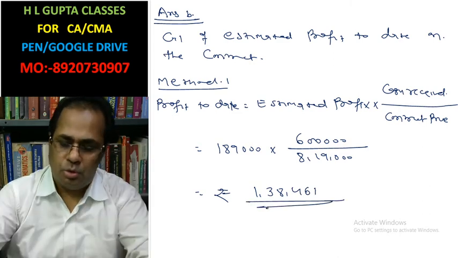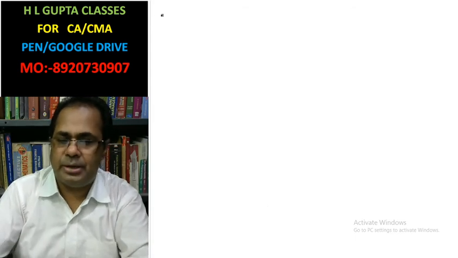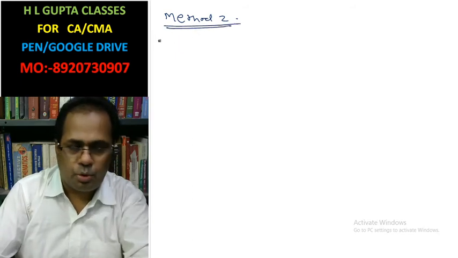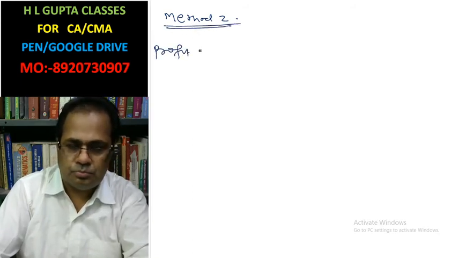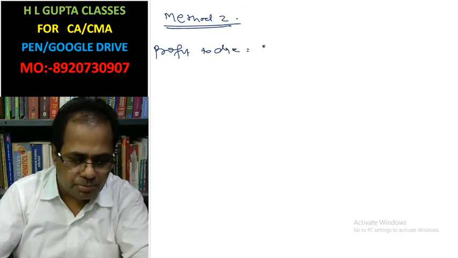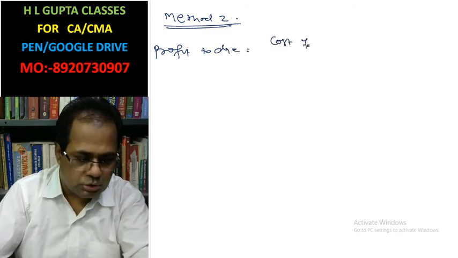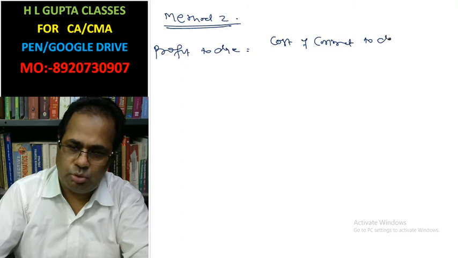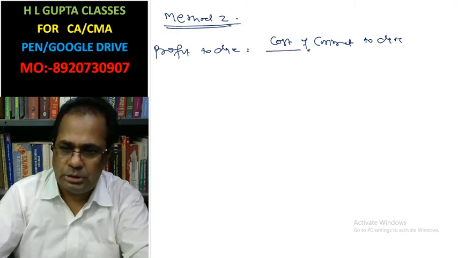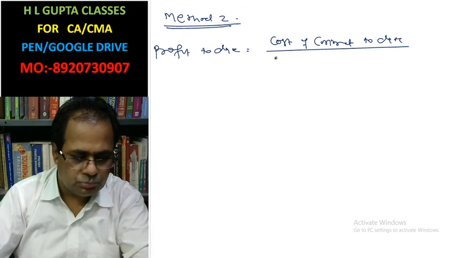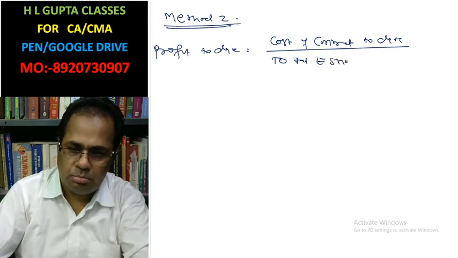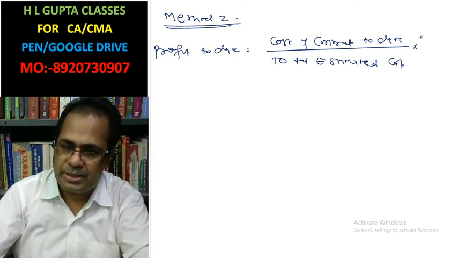Now method 2 can also be applied here. Profit to date equals cost of contract to date divided by total estimated cost into estimated profit.